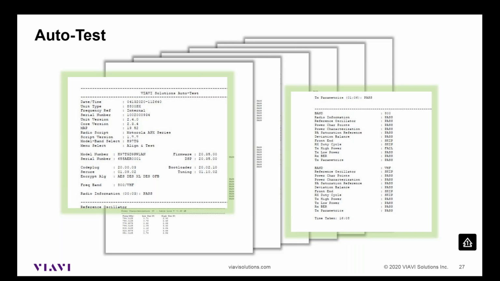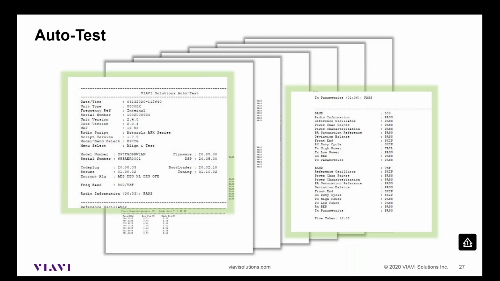So here's a set of results. This isn't from the radio I'm testing at the moment, of course, but this is a set of results that we stored off of a unit a few days ago. And you can see, when I talked about being able to prove your work, here in the results file we have the information about the radio and the service monitor.